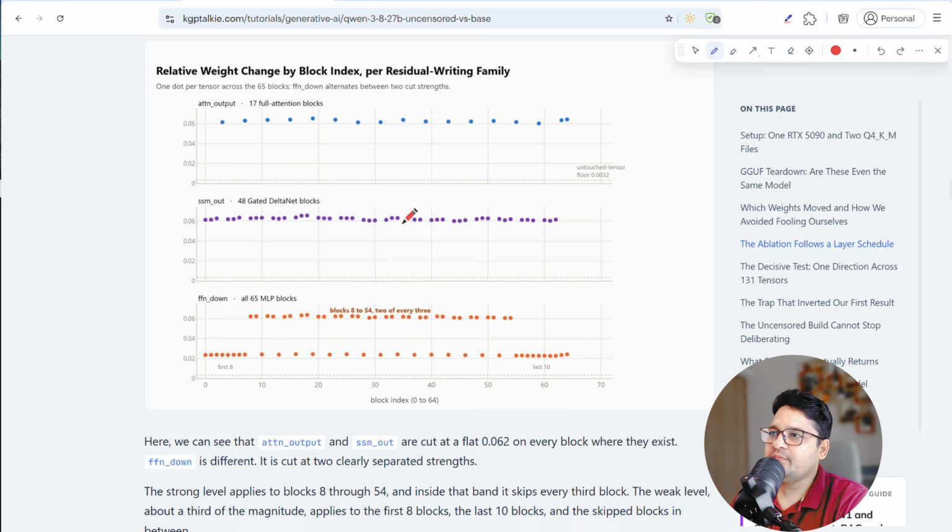Before I deep dive, you will notice how many blocks there are. There are a total of 64 transformer blocks, plus one MTP block, so there are 65 blocks in total. Out of these 64 blocks, in the attention output there are 17 full attention blocks which got modified here, here, and here.